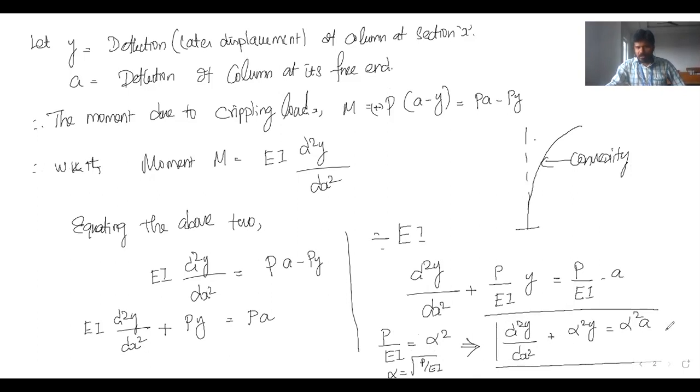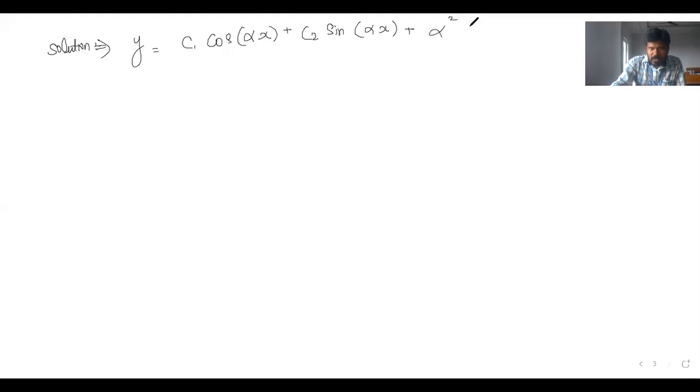And now the solution for this equation becomes y is equal to C1 into cos alpha x plus C2 into sin alpha x plus alpha squared into A divided by alpha squared. So alpha squared gets cancelled.